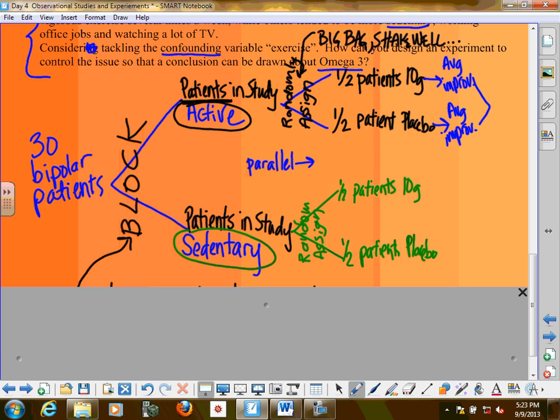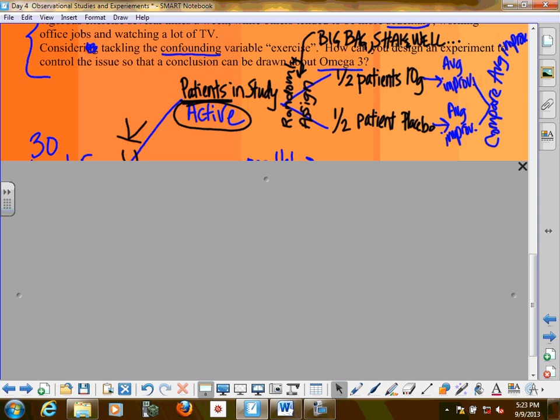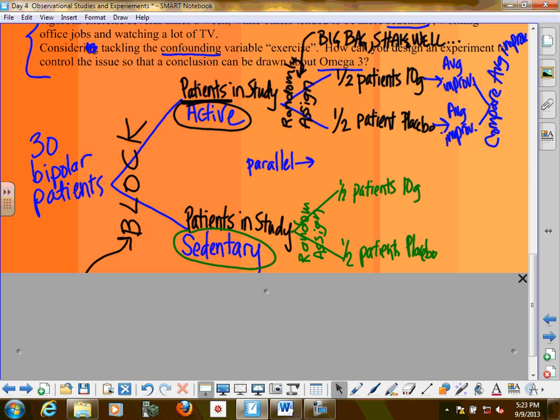Okay, and then after we're done, we are going to compare average improvement in the exercise group. So these people all exercise. This group up here all exercises. The only difference in those two groups is the fish oil. They all exercise. Okay, and then likewise, down here in the bottom, it's the same thing.